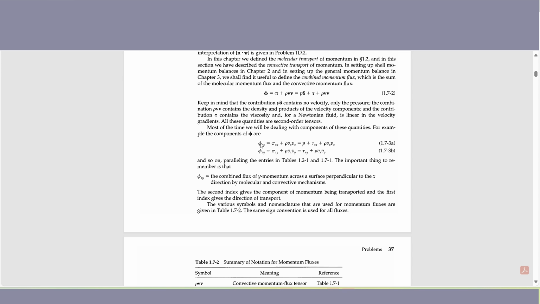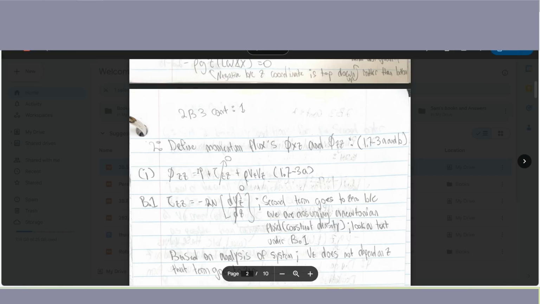So for momentum flux in the ZZ direction, don't bother looking at this first part. Look at the second part. It's pressure plus tau ZZ plus rho VZ VZ. And for the XZ direction, it's tau XZ plus rho VX VZ.